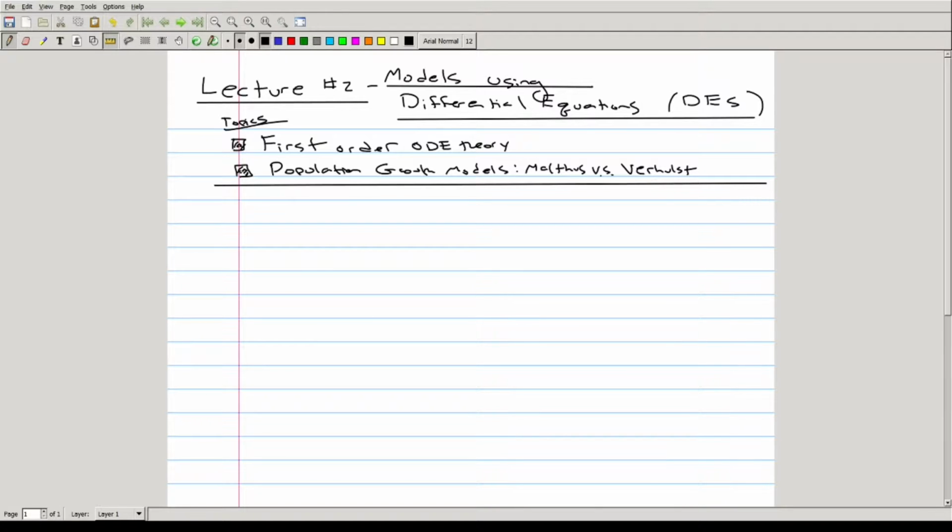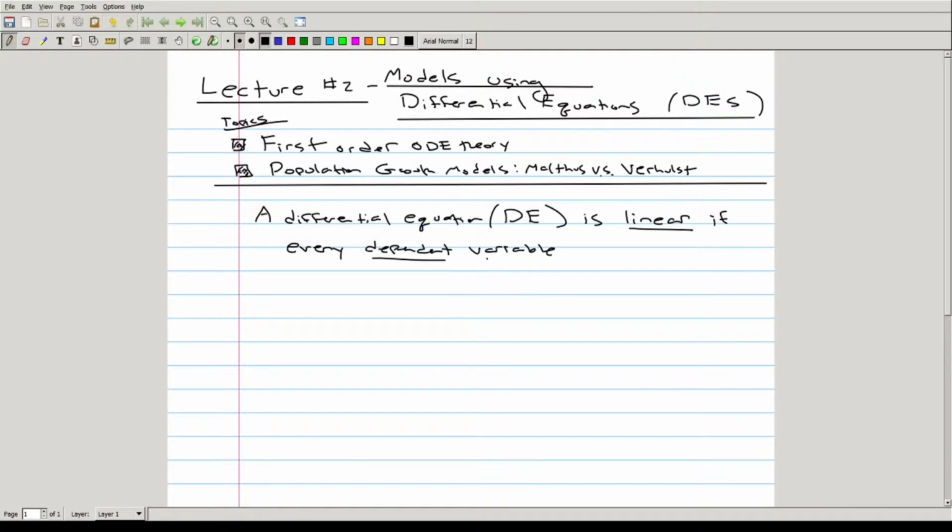A differential equation, sometimes just for short known as DE, is said to be linear if every dependent variable and its derivatives appear linearly in the differential equation.